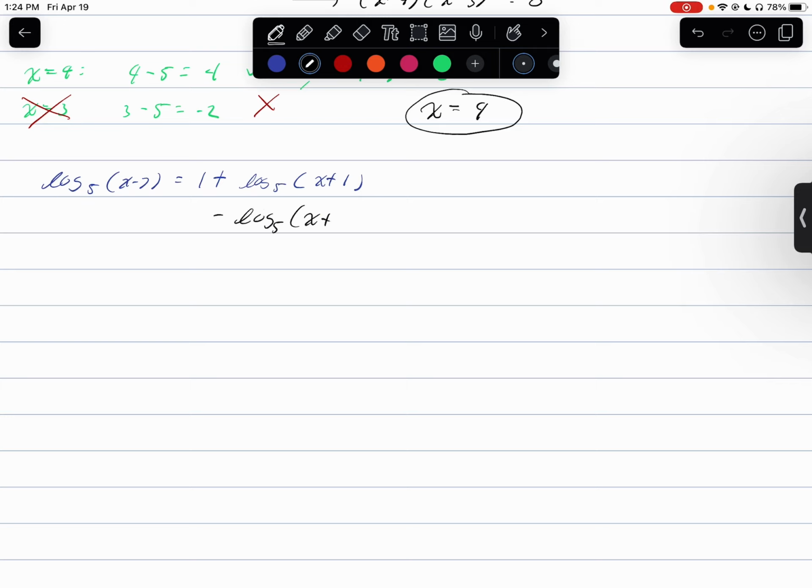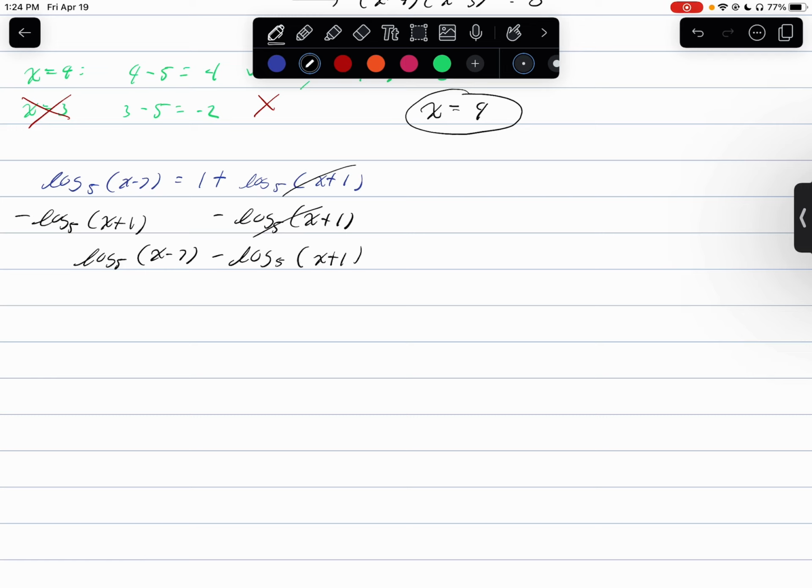So these will cancel, and we'll have log base 5 of x minus 7 minus log base 5 of x plus 1 is equal to 1. Now we can use our quotient rule. Remember, if we subtract two logs at the same base, we can divide their inputs under a single logarithm. So we have log base 5 of x minus 7 over x plus 1, and that's equal to 1.